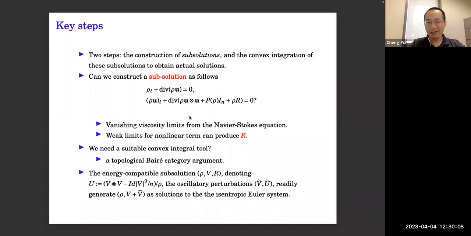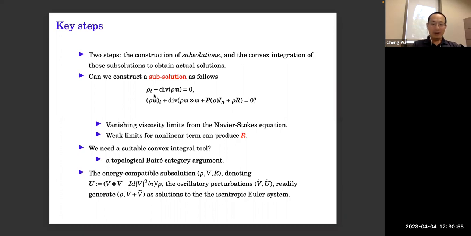So this can provide a non-negative matrix R, but we are not able to get a strictly positive matrix R. We just get non-negative. So we need another idea to get the positive R. And also we need to develop a tool of convex integration to handle the compressible version of the fluid equations. At least we need to handle the density, the variable density.